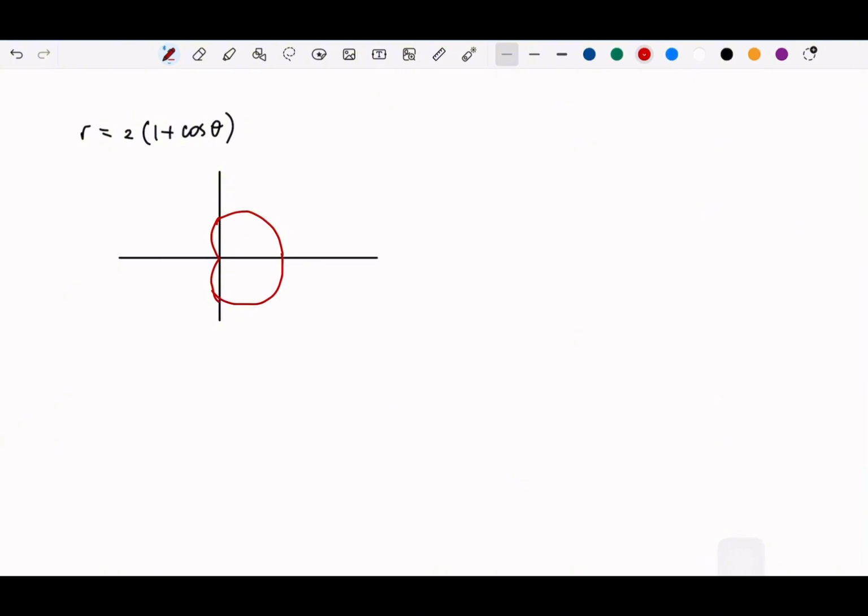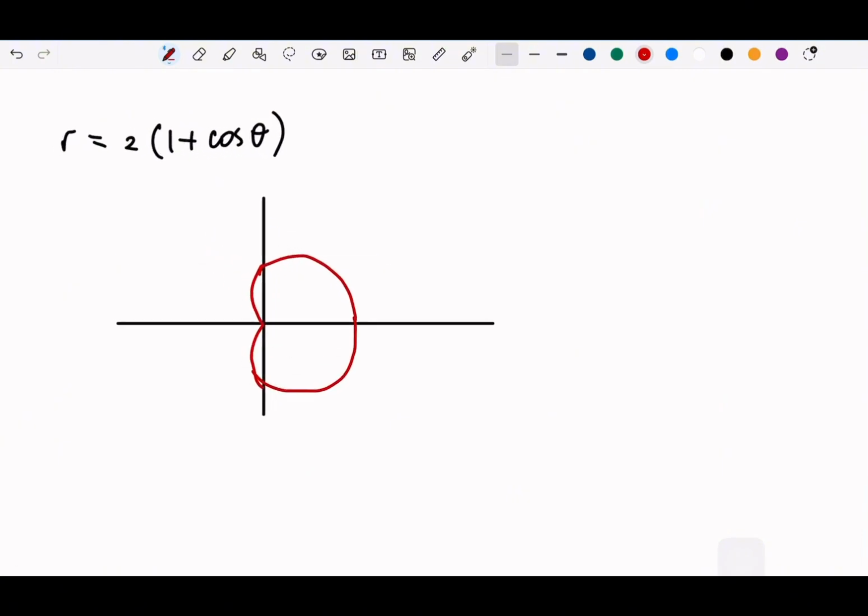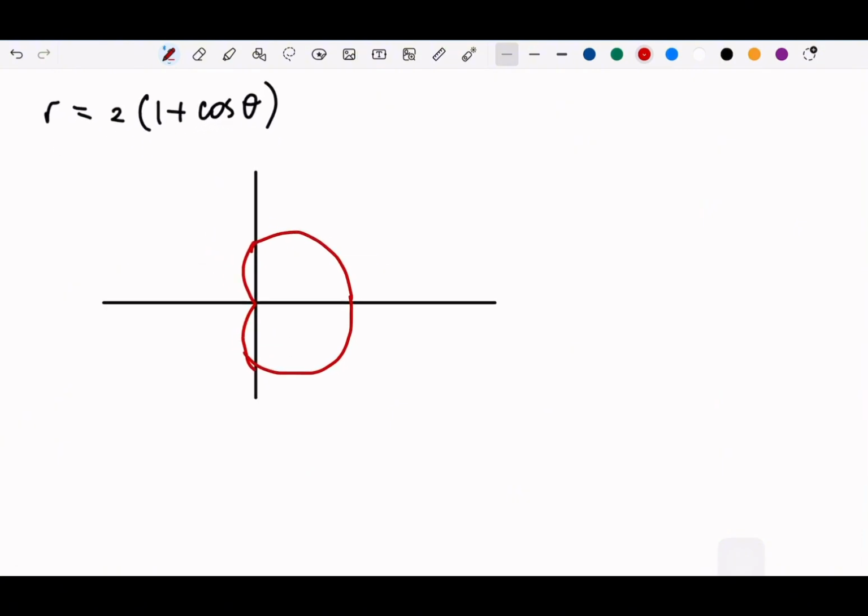As long as we can see the cardioid, I think it should be okay. Now we need to find the measurement from this point here, from theta 0, and then measure until back to theta 2 pi, right?